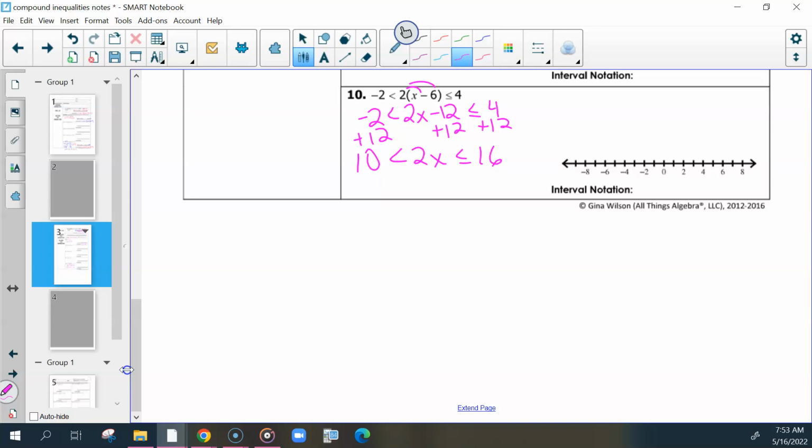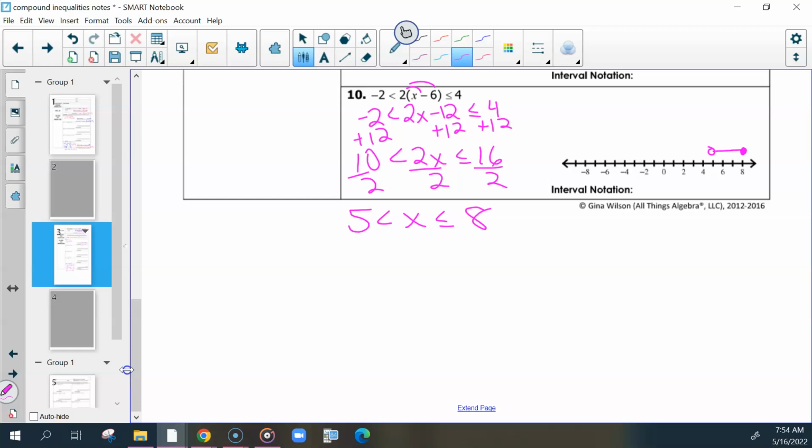And then our last step. Divide everything by 2. We have 5 is less than x, which is less than or equal to 8. So that would be an open circle at 5, a closed circle at 8, and a line connecting them.